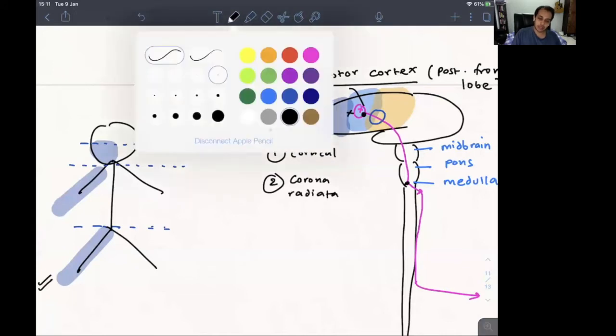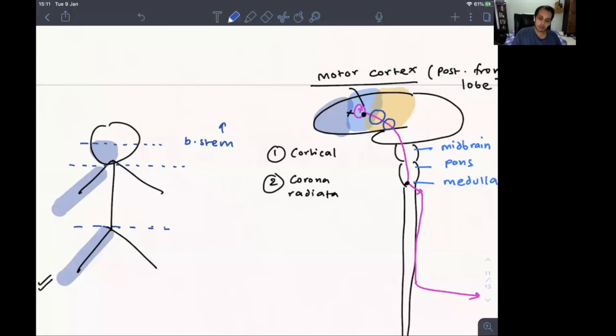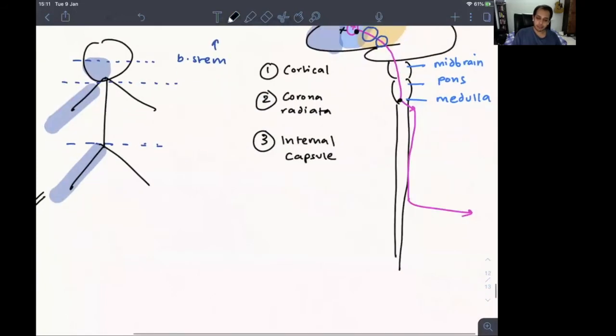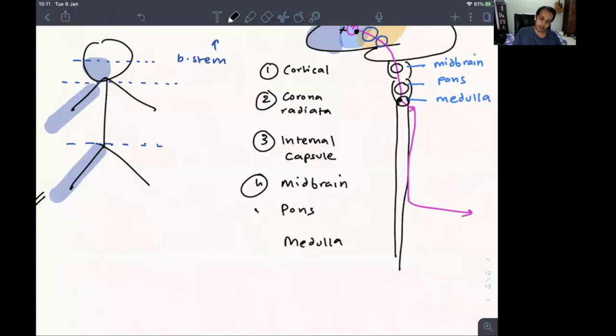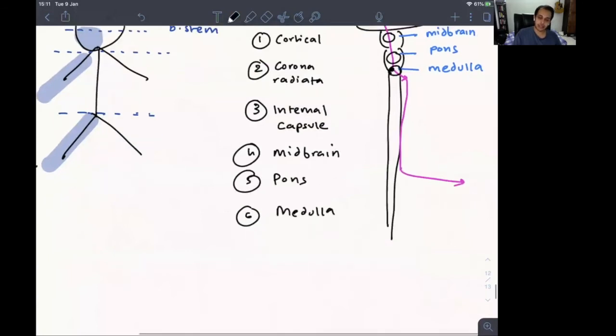And if it comes down a little bit more, there is an area known as internal capsule. Then there could be a lesion in the midbrain, pons, or the medulla. That is the 3 parts of the brainstem. And lastly, there could be a lesion in the high cervical cord.